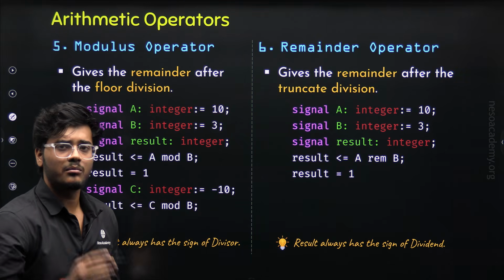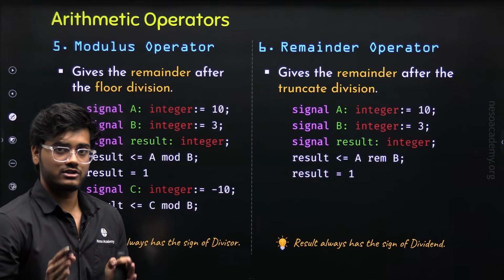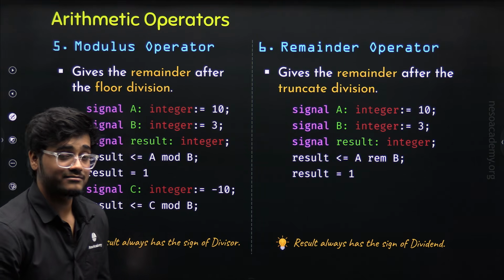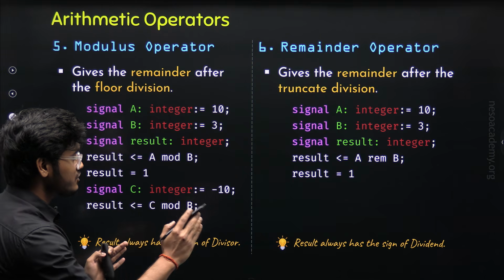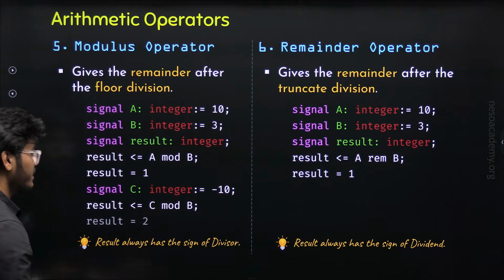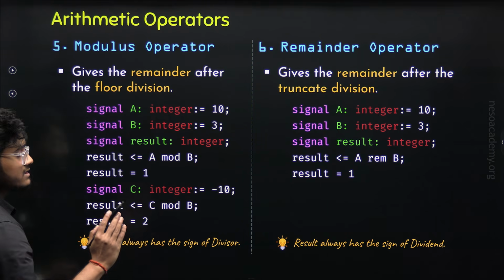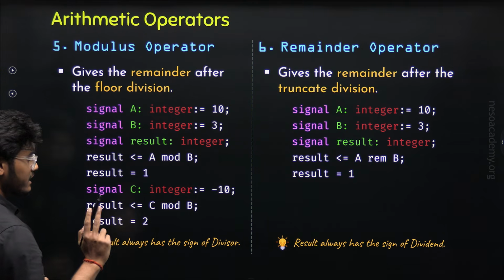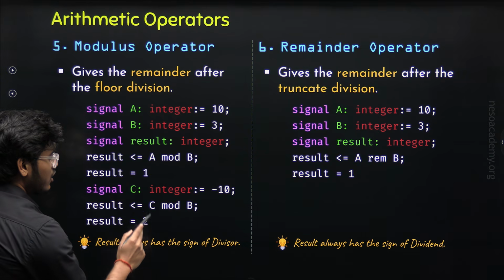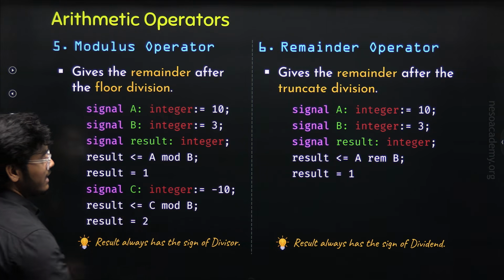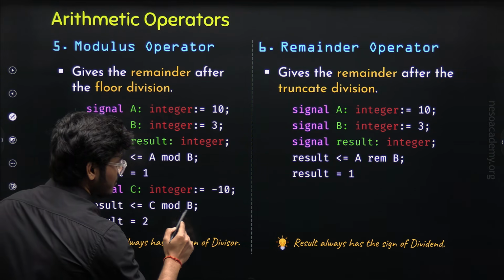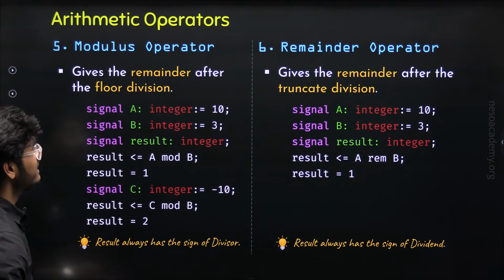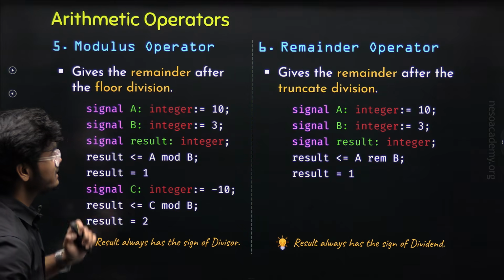Next multiple, minus 12. Minus 12 is closest to minus 10 and also smaller than minus 10. And the difference between minus 12 and minus 10 will be our answer. The difference is 2. And we can clearly recheck that the sign of the result is the same as the divisor, which is B, that is plus 3. So I hope it is clear how to perform a floor division.